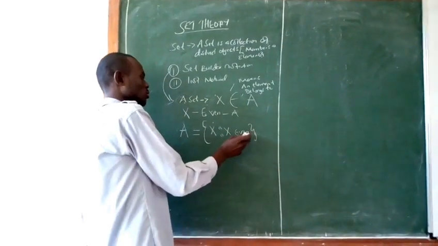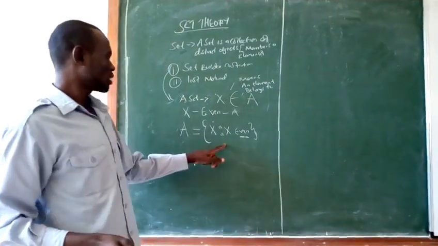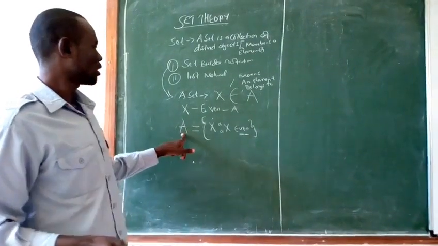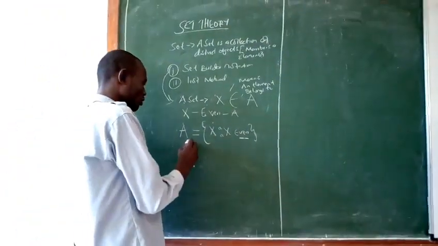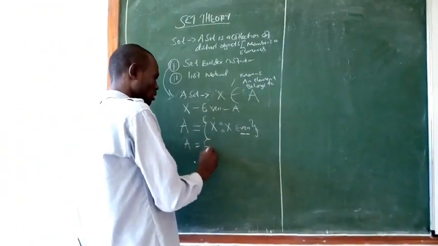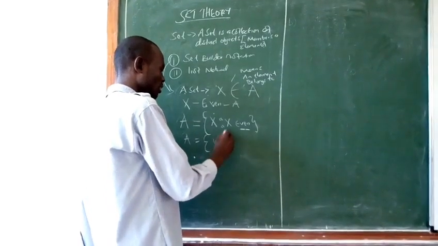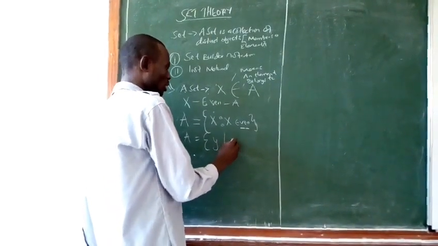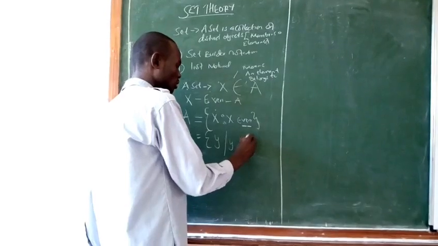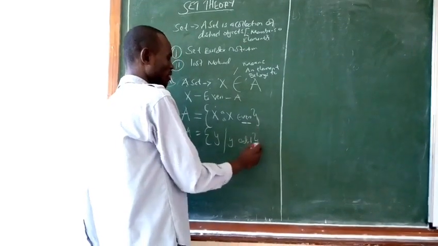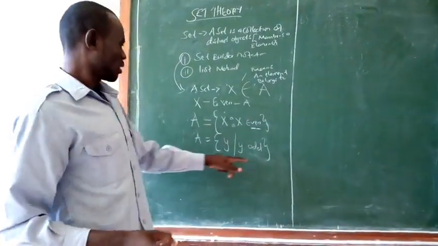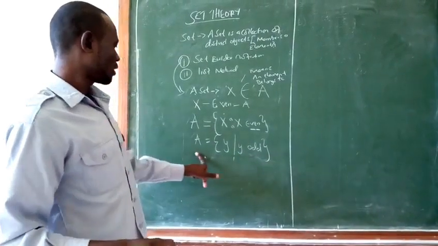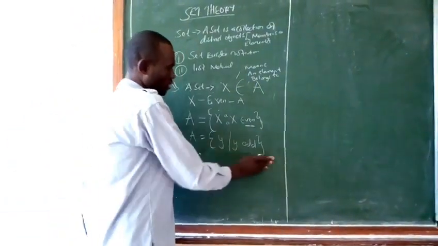So the connotation even represents the other elements in the set A. Or simply can use A, let's say Y, such that Y are odd. The odd term represents the whole of the other elements in the set.